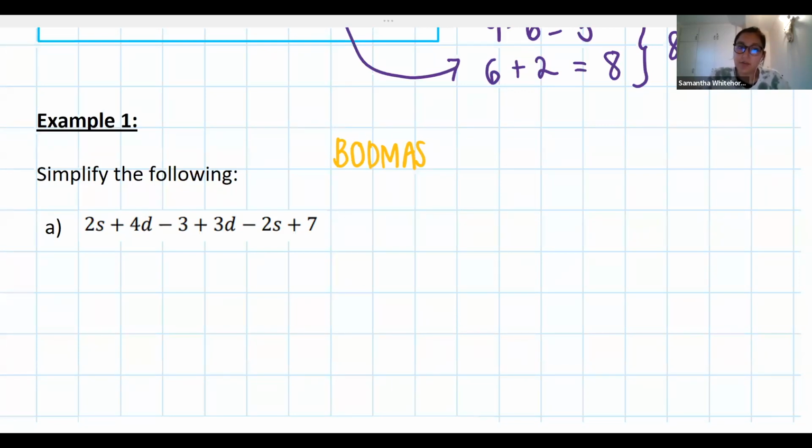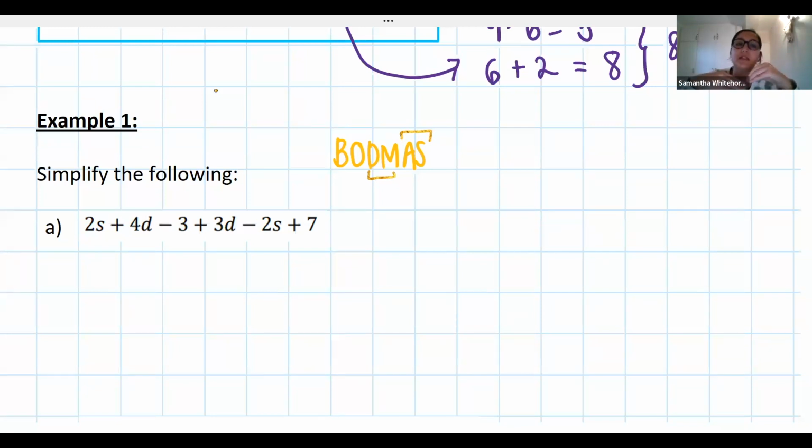Now, if we have a look at our first expression here, we can see that we have no brackets. So the B of bodmas I don't have to stress about. There's no exponents that I need to deal with. There's no division, there's no multiplication, there's only addition and subtraction. Again, what you also need to remember is that multiplication and division and addition and subtraction fall on the same sort of level of importance as each other.